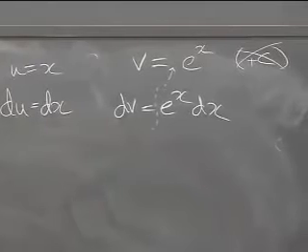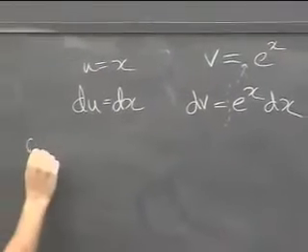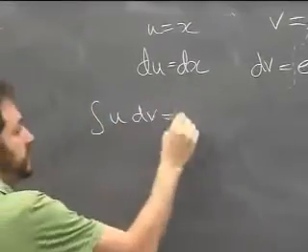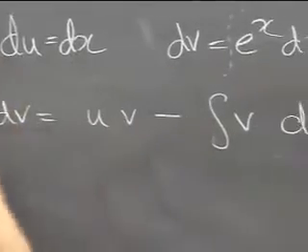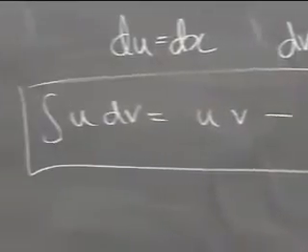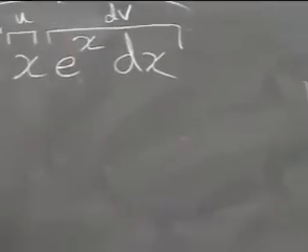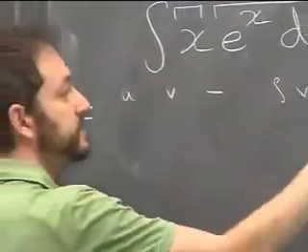So the beauty of this is that you have this formula that looks like this. The integral of u dv is uv minus the integral of v du. That's the general formula. So in this case, I'm going to write this is equal to uv minus the integral of v du.